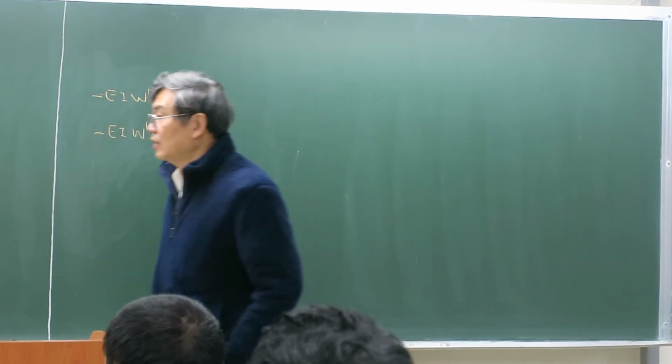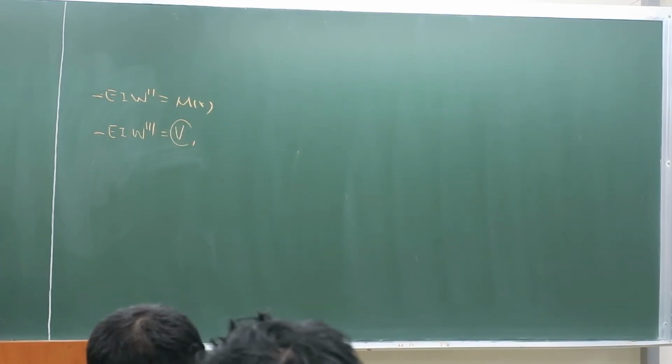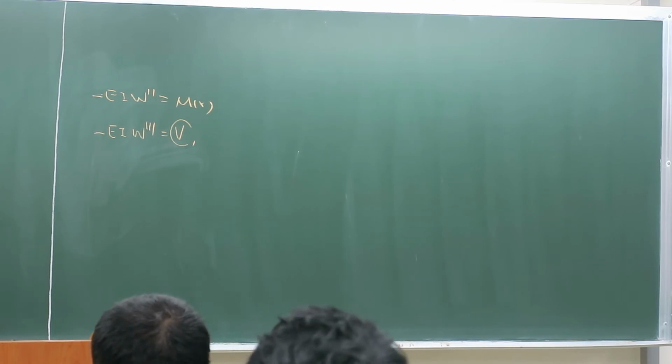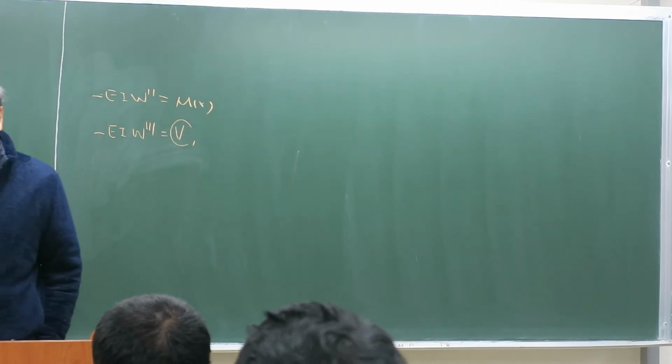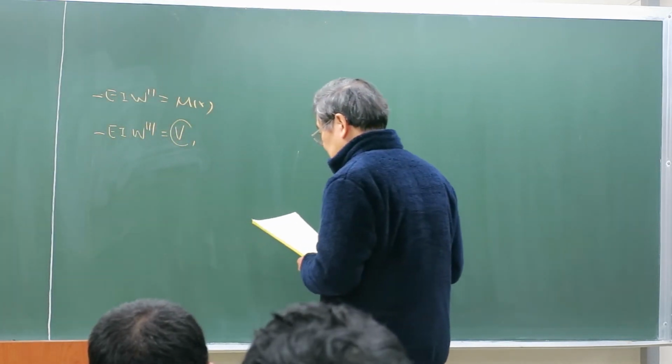For that one, you only can use W and W first derivative as the boundary condition. Okay? This is the second order. So the highest derivative of the boundary condition is first order. Okay? So let's see the boundary conditions.